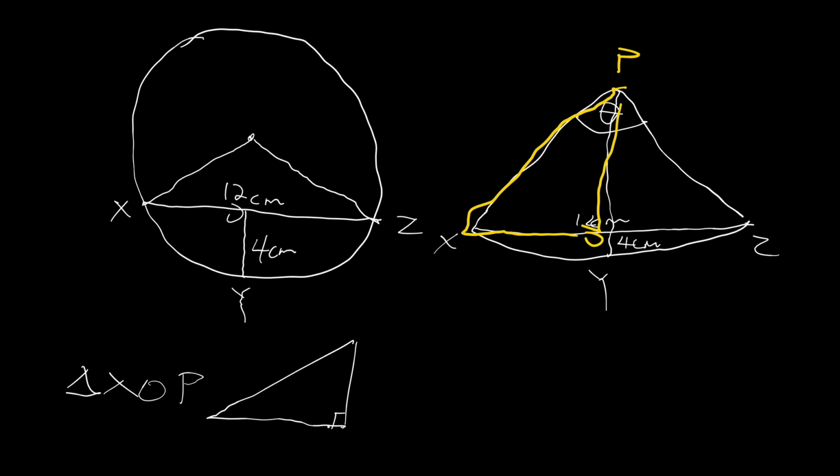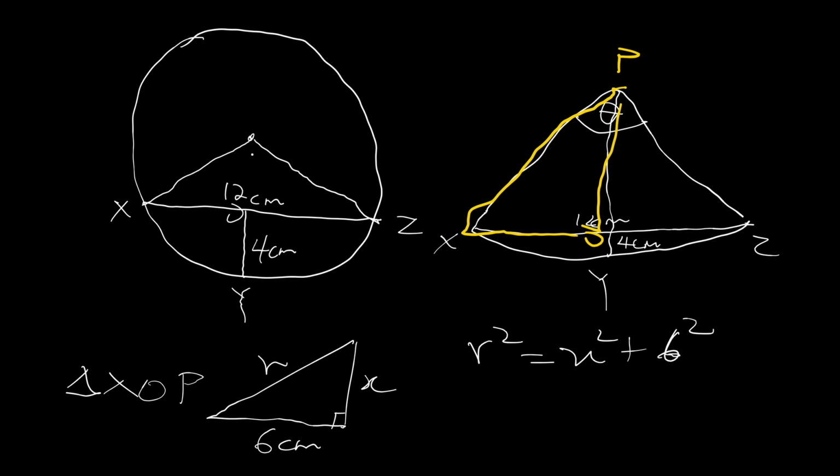We have our 90 degrees, we have our R, and we have 6 centimeters because the length of this is half the length of the chord. So this will be 6 centimeters, this will be our R, and this will be our X, which we don't know. And from Pythagoras theorem, we know that R squared is equal to X squared plus 6 squared.